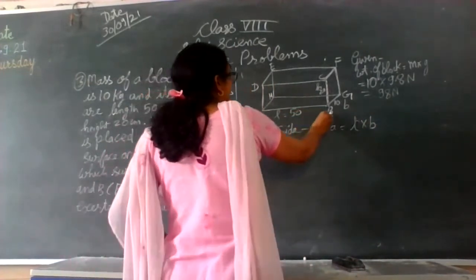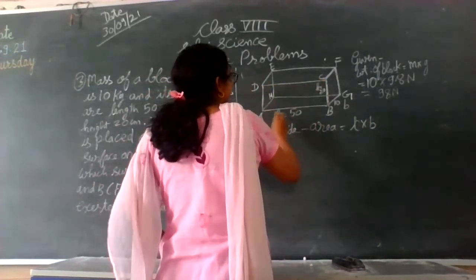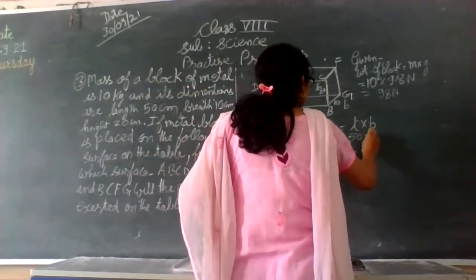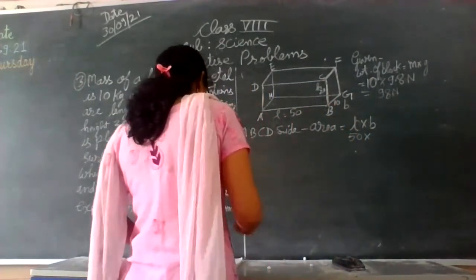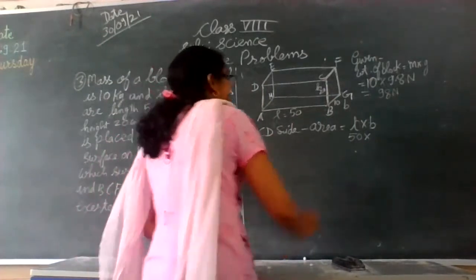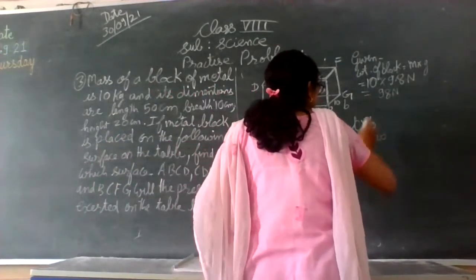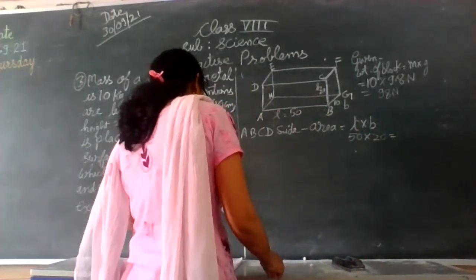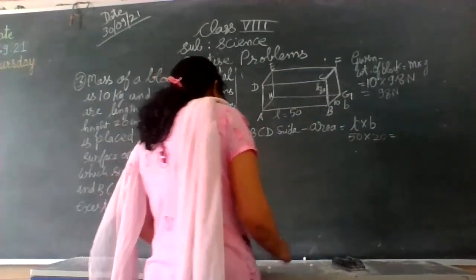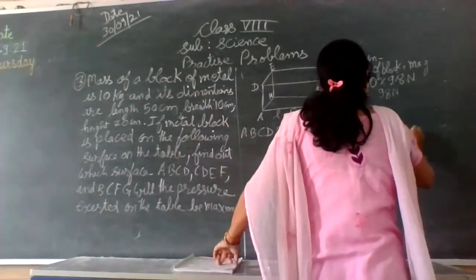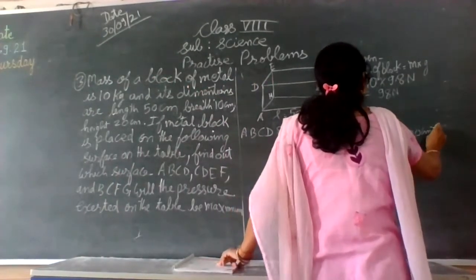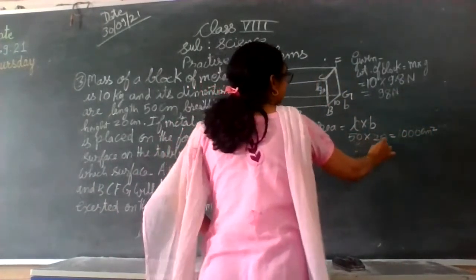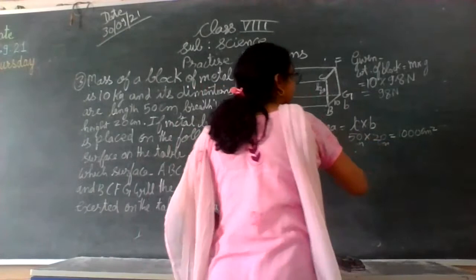Length of ABCD is 50, that is the length, and breadth is 20 centimeters. That is going to come up to 50 into 20, that is 1000 centimeters square, because both of these have the unit centimeter.